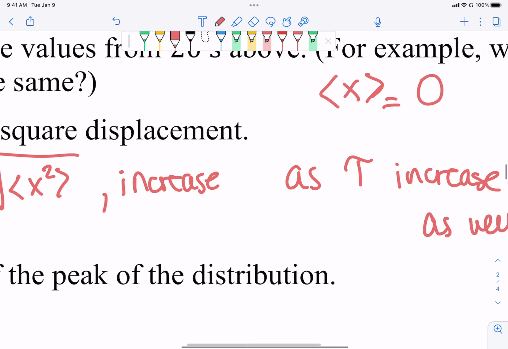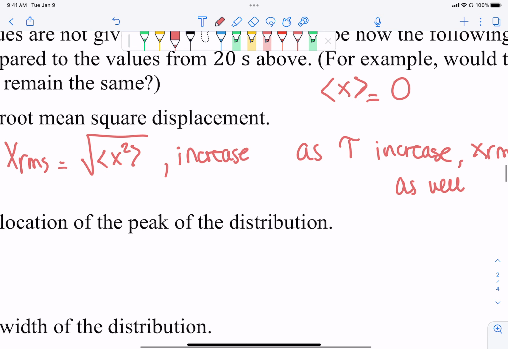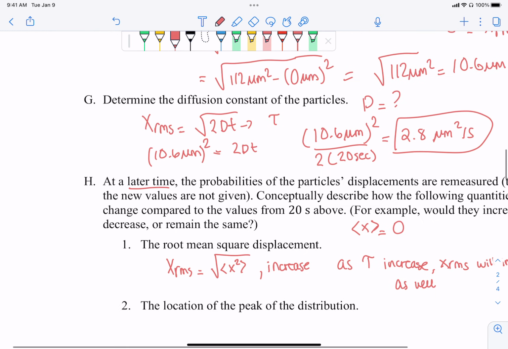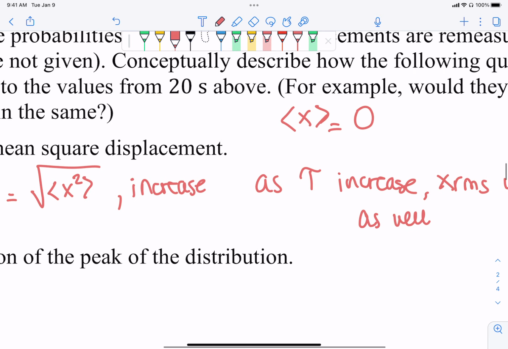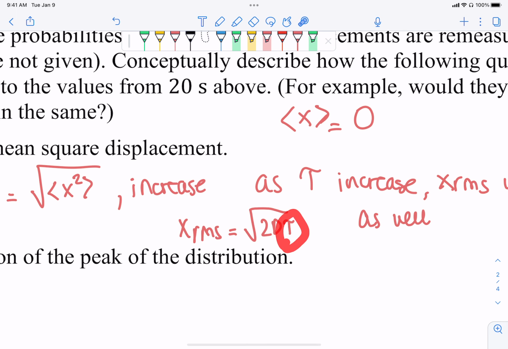And if I relate it to the diffusion, if I have XRMS equal to root 2Dt, then if I increase this variable right here, I'm going to be increasing my XRMS.